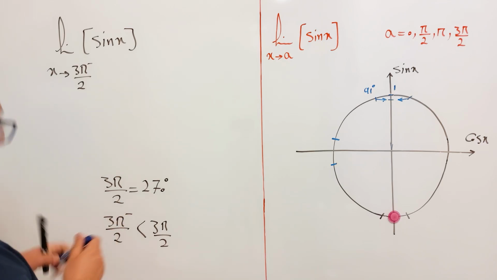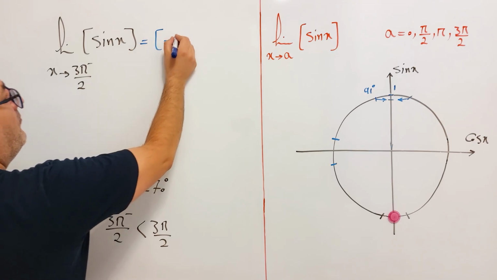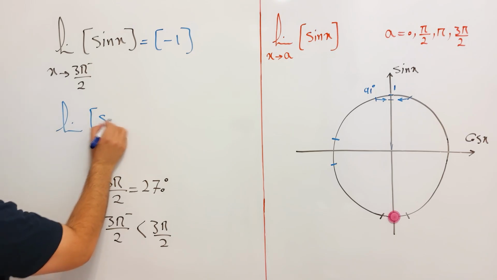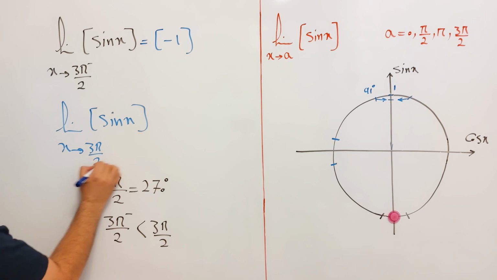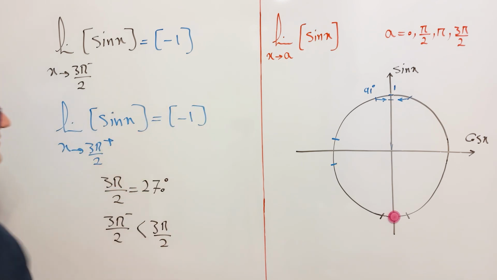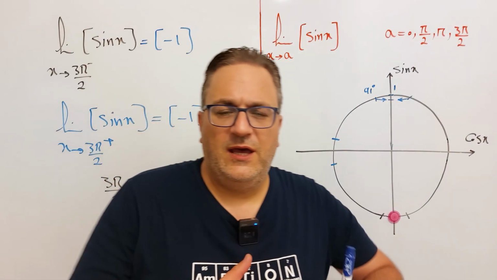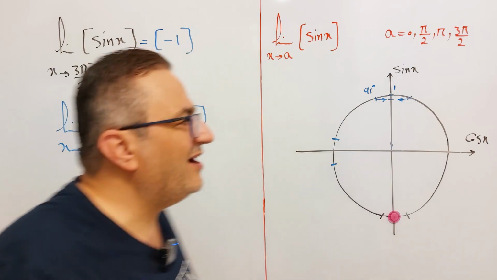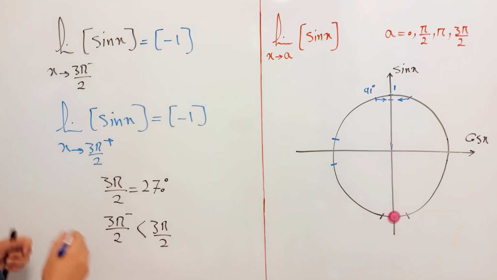And we know that sine of 3 pi over 2 is equal to minus 1. The limit of the floor of sine of x as x approaches 3 pi over 2 from the right, minus 1, but from the left or from the right, we can see the sine values getting closer to minus 1 from values slightly greater than minus 1.